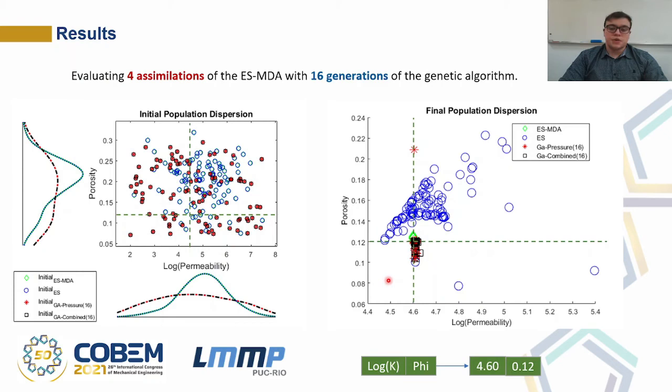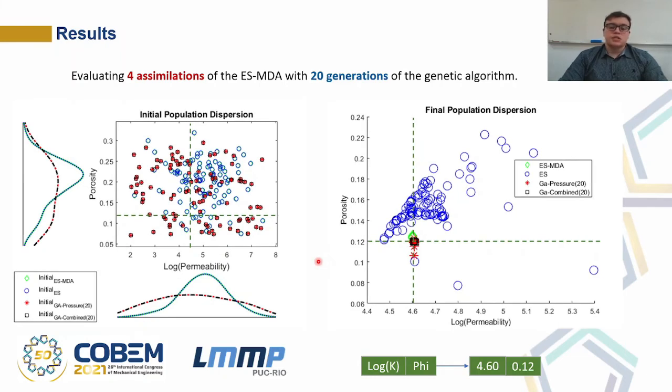Increasing to 16 generations, the genetic algorithm, with both observed data, provides a better estimation than using only a single assimilation from the ensemble smoother. And increasing to 20 generations, the genetic algorithm provides a simulation similar to the ensemble smoother with multiple data assimilation. And the use of combined data in black provided a better estimation of the porosity than using the single pressure data in red.